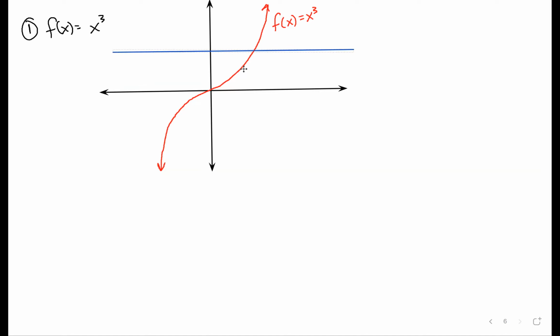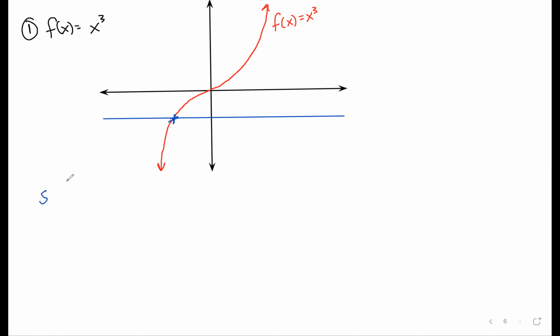So by using the horizontal line, it shows the line intersects the graph at only one point. So for example here, at only this point, the line intersects this graph. This means the function f of x equal x cubed is a 1-to-1 function.